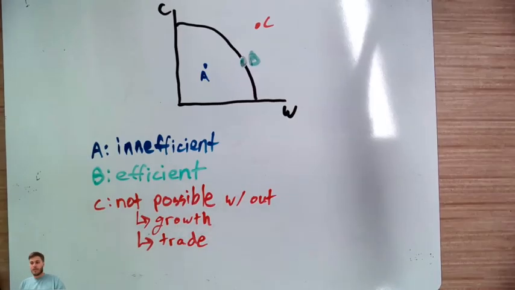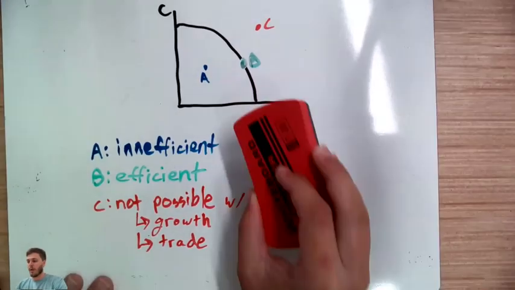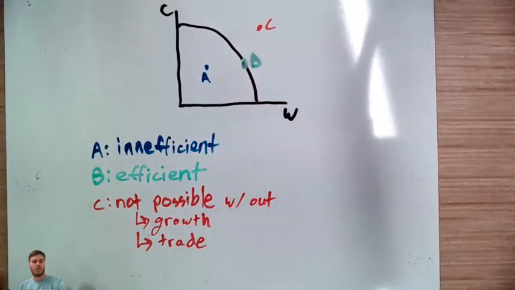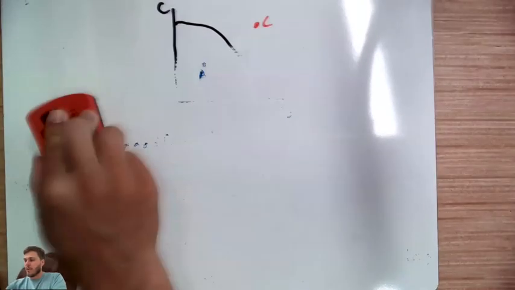So that's a little bit more about our PPF. We're going to do one more thing here with this. We talked about possibility without growth. An economy can grow, it can shrink. Well, let's think what is going to shift that PPF in or out.